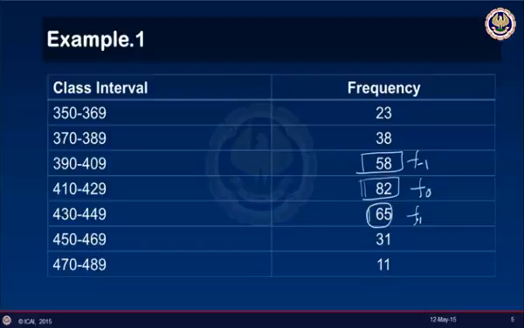This data is in inclusive class intervals, so we change it to exclusive class intervals. After that, the lower boundary of the modal class will be 409.5 and the upper boundary is 429.5. Now we use this in the formula.